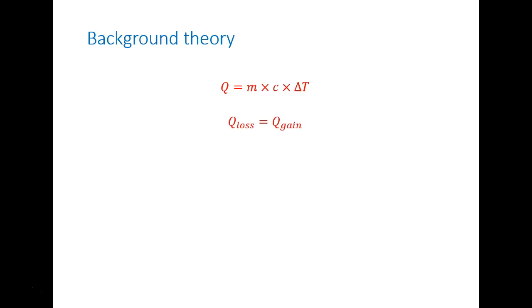Heat loss is equal to heat gain, so we have mass of the hot water multiplied by heat capacity of water multiplied by the change in temperature of the hot water, equal to negative mass of the cold water times heat capacity of water times the change in temperature of cold water. The reason we have the negative there is because heat loss and heat gain are the opposite of each other, so we need the negative to show that they are opposite.